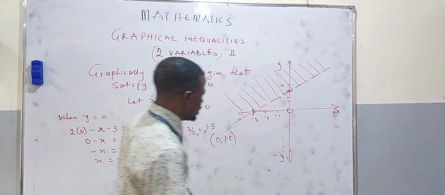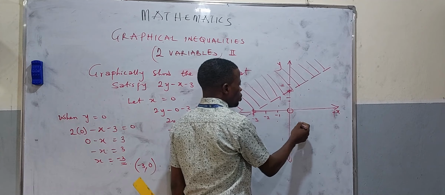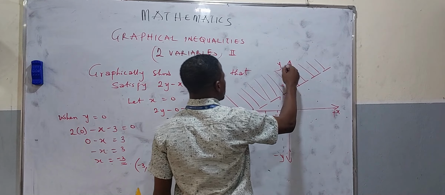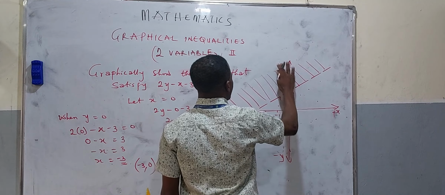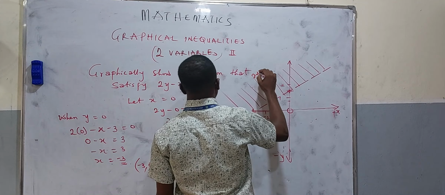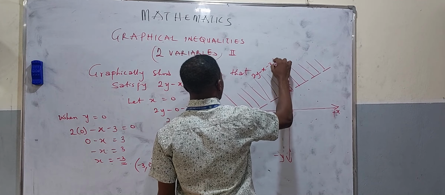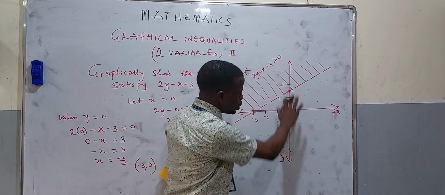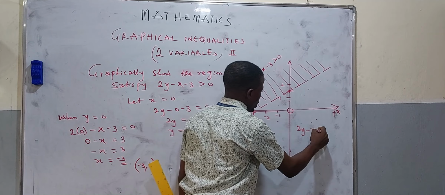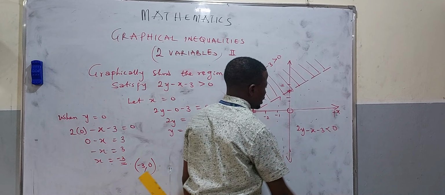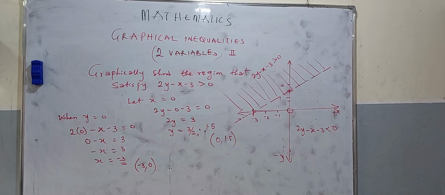If this is for 2y minus x minus 3 greater than 0, the region down will be for 2y minus x minus 3 less than 0. That's the implication. Thank you for joining me. We do more videos.